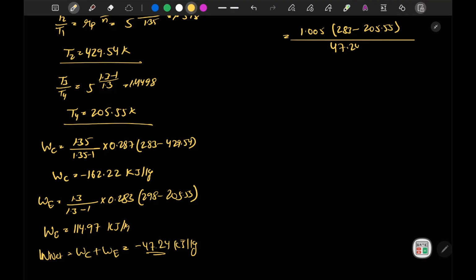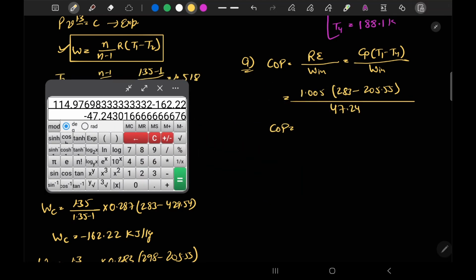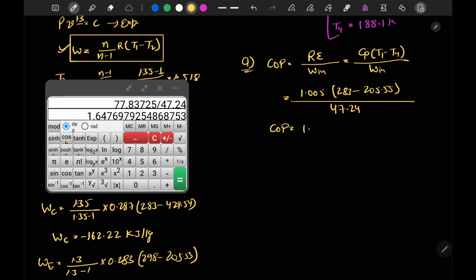So COP is equal to 283 minus 205.55, into 1.005, divided by 47.24. I have obtained COP is equal to 1.65. So this is our COP.